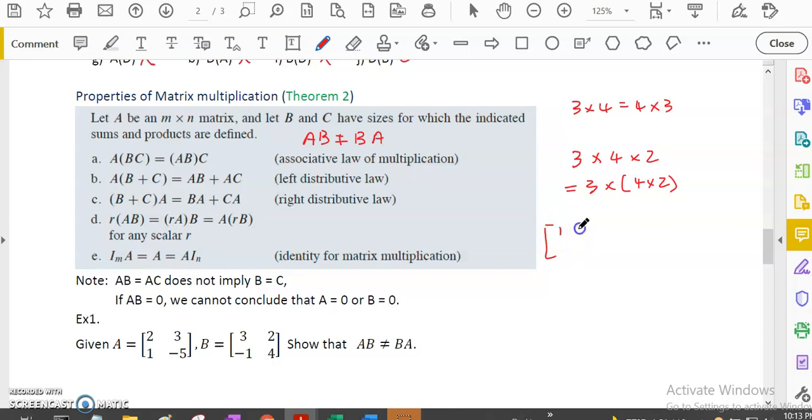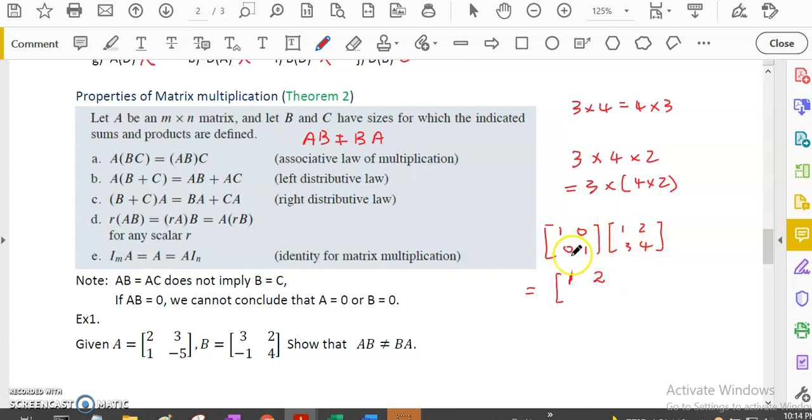If I have a 2 by 2 identity, and then my A is, let's say, 1, 2, 3, 4, or any numbers. If I multiply them, I do row column: 1 times 1 plus 0 times 3. The 0 times 3 is just 0, so I end up with 1, right? Row column, so 1 times 2 plus 0 times 4, so again 2.